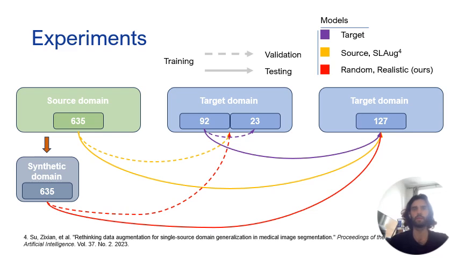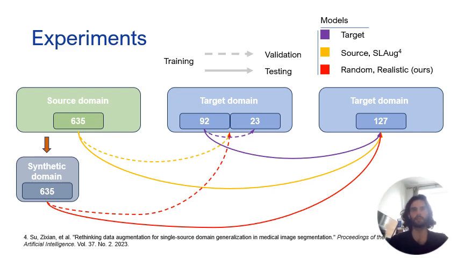Then we also use SLOrg, which is a state-of-the-art method from the literature for single source domain generalization. They do some specific intensity augmentations, and they developed their method and tested it on anatomy segmentation for cardiac and abdominal datasets.